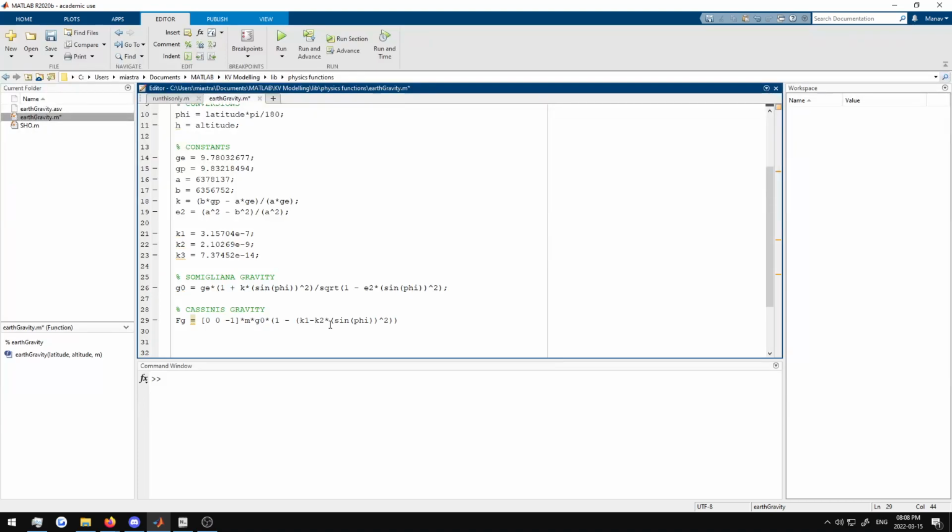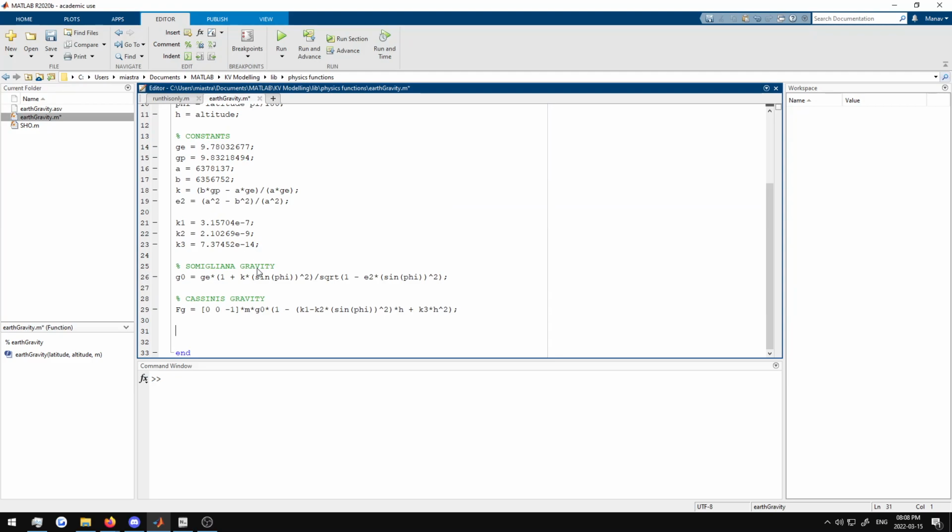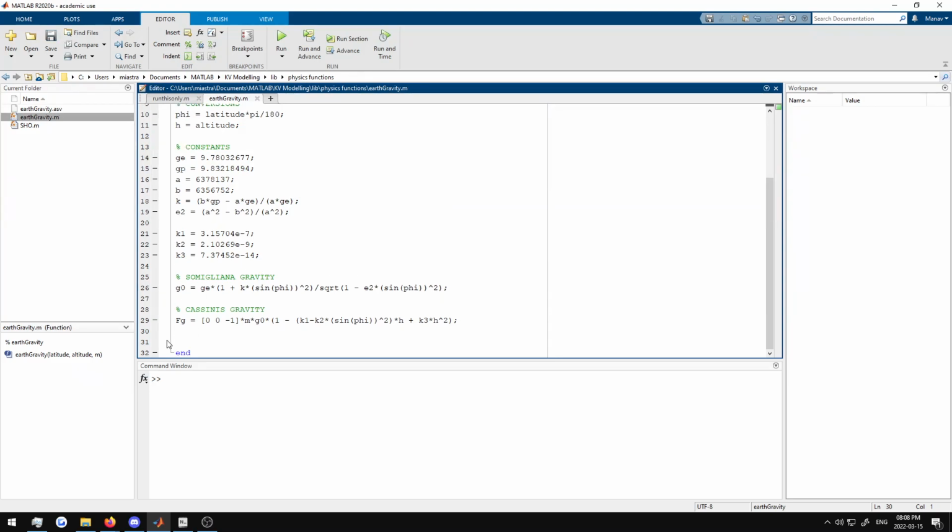Sine phi squared, in parentheses, times h plus k3 times h squared. And this should be copied exactly, so no errors. So yeah, and there we have the gravity model that we'll be using. This is the final gravity vector due to the Earth's mass that will be coming out.